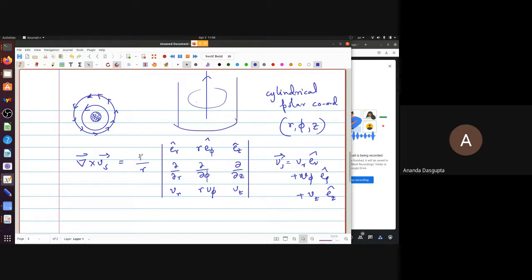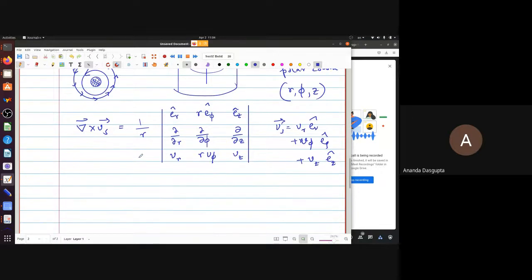Now, if we are talking about a cylindrically symmetrical situation where V depends only on R, that is, the components of V depend on nothing else, just R, not on phi, and neither on Z because of the cylindrical symmetry.